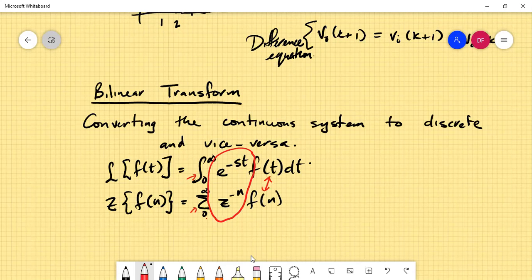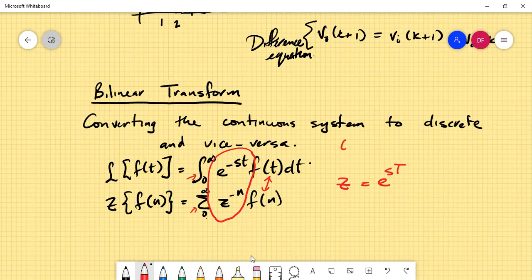So what we would have is that the z and the e to the minus st are related. One of the things that we write is that z is equal to e to the st. Now, why e to the st?